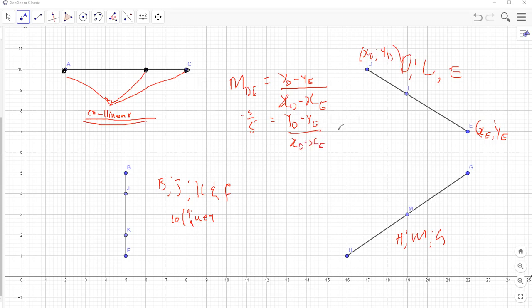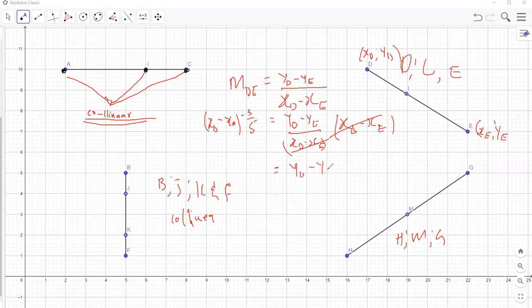So now, here's the cool thing. I'm going to make y_D the subject of the formula. I'm going to remember, because it's an equation, what I do on one side, I must also do on the other. So this thing here is going to get rid of that thing. And then I'm going to have y_D minus y_E is equal to what?